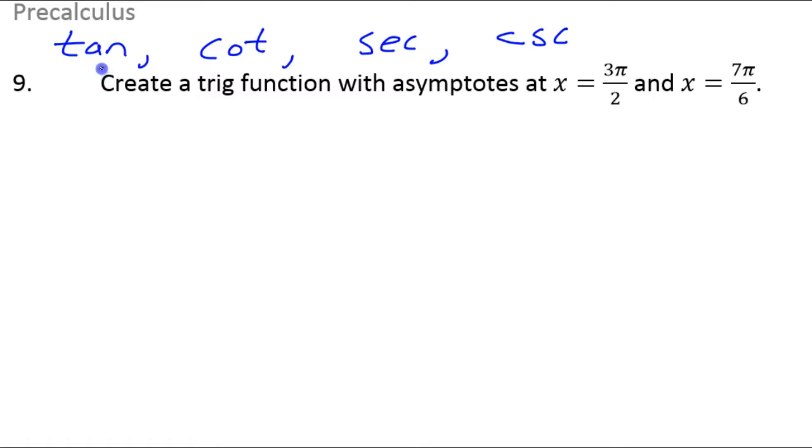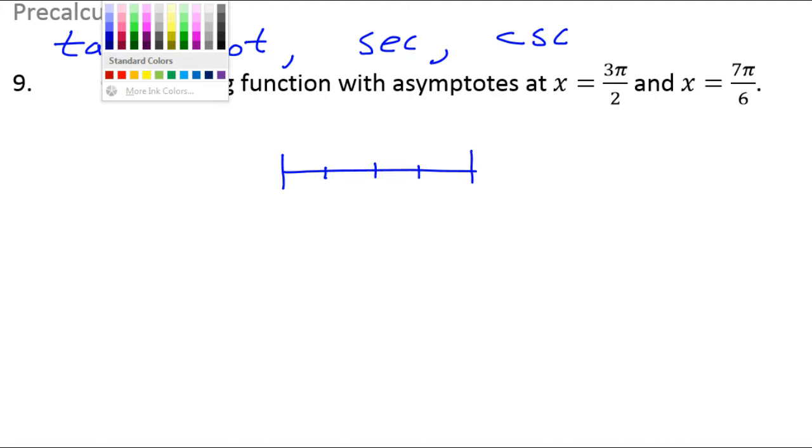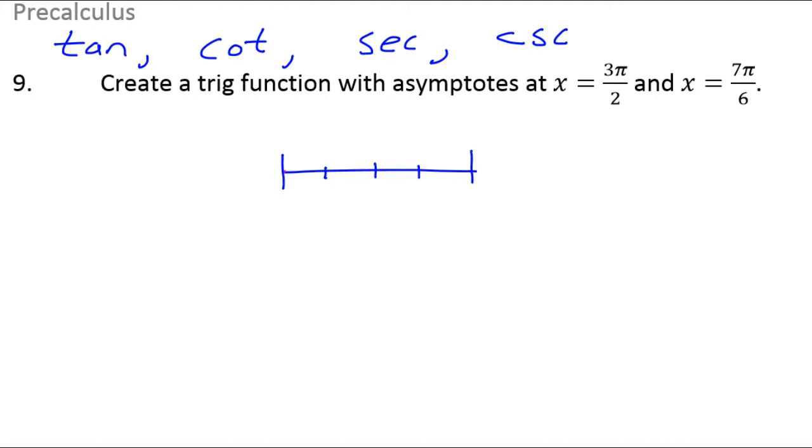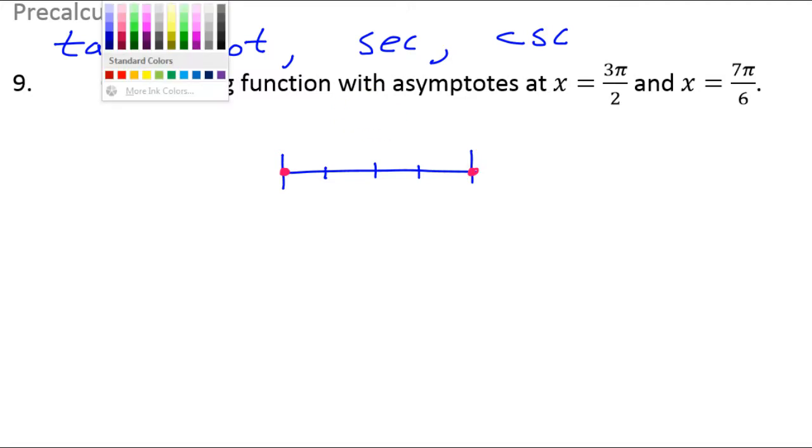Let's start with the tangent function. Now, what we learned about tangent is if you consider one period of the tangent function, and here I'm just going to divide the period up into 4 sections, the tangent function begins and ends on the midline, but then there is a vertical asymptote right in the middle.